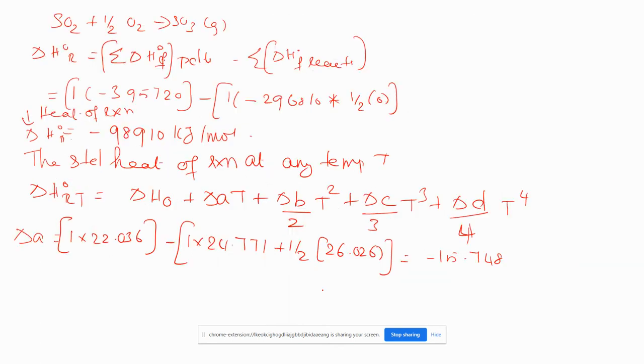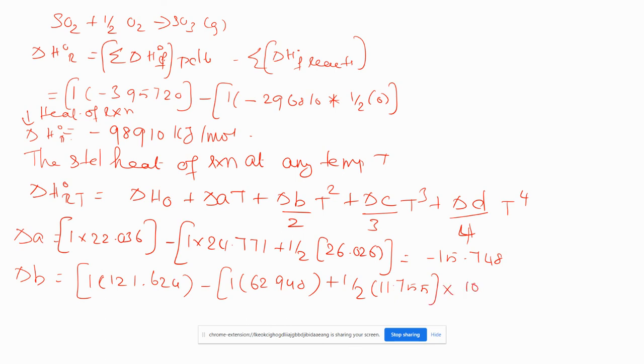Same way you have to find del C and del D. Del B is 1 into 121.624 minus 1 into 62.948 plus 1 by 2 into 11.755 into 10 power minus 3. Even though they gave it in plus, it should be minus. So 52.799 into 10 power minus 3.